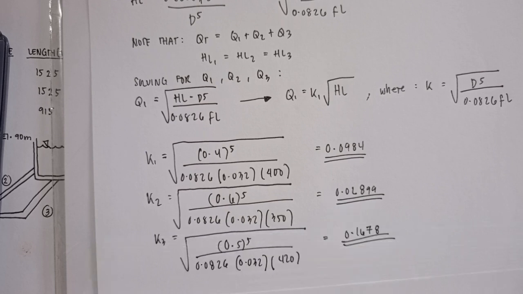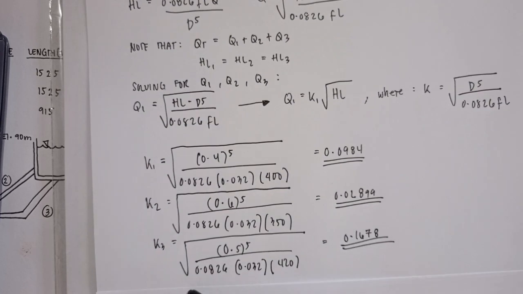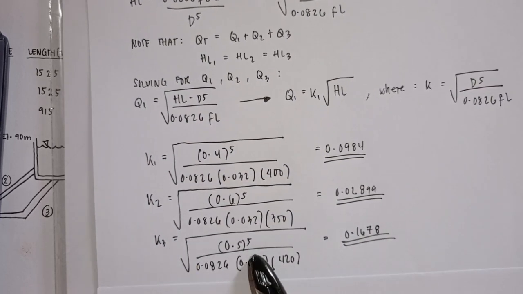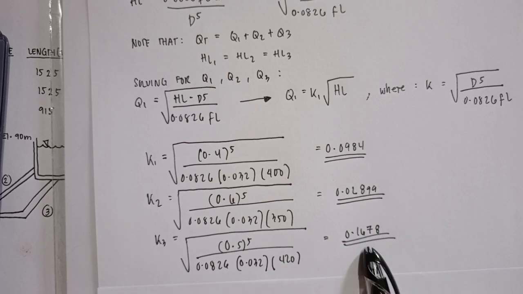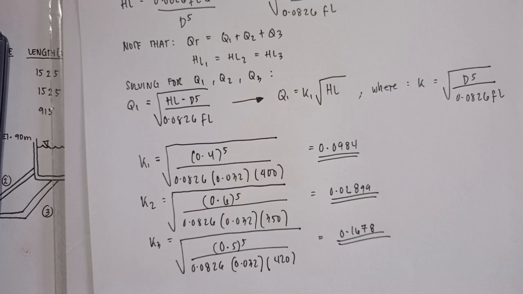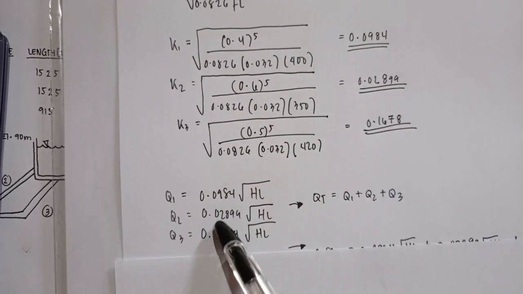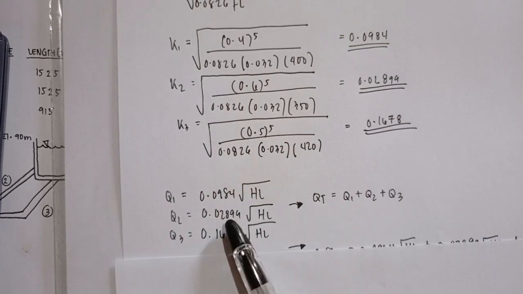And lastly, for K3, we've got a diameter of 500 millimeters, so the square root of 0.5 to the power of 5 over 0.0826 times 0.032 times 420. This is just simple substitution, and we've got an answer of 0.1678. And now that we've got the values of K, we can input them into this equation in solving for our Q.